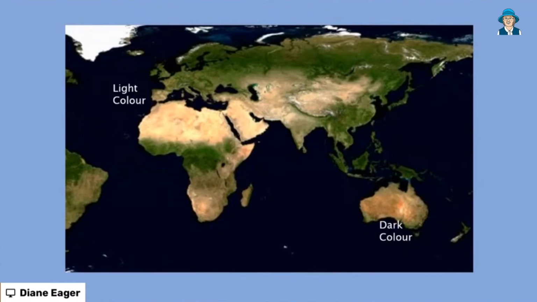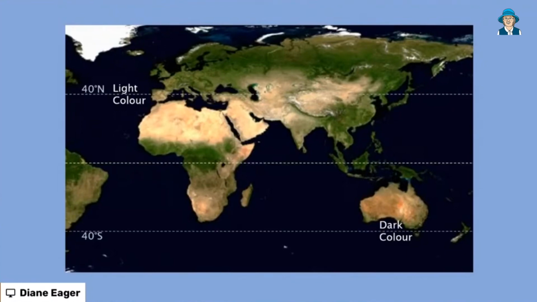Down in Australia, people have evolved to be dark. The interesting thing is those two groups of people are equally far away from the equator, right? The 40-degree line goes through the middle of Spain. It also goes through the Bass Strait, which is the bit of the sea that separates mainland Australia from Tasmania. So that doesn't work.